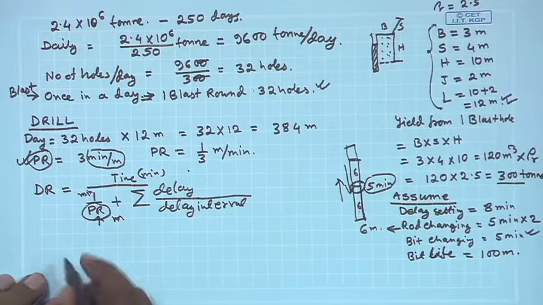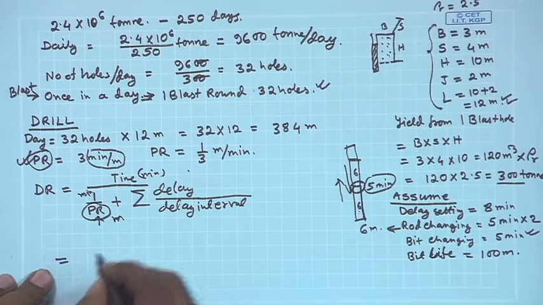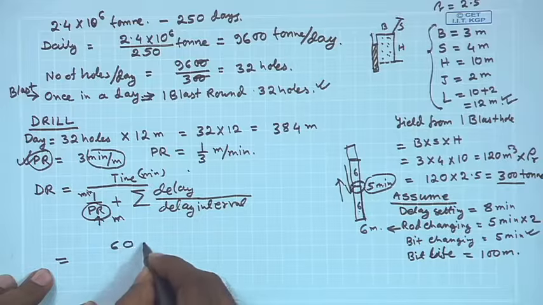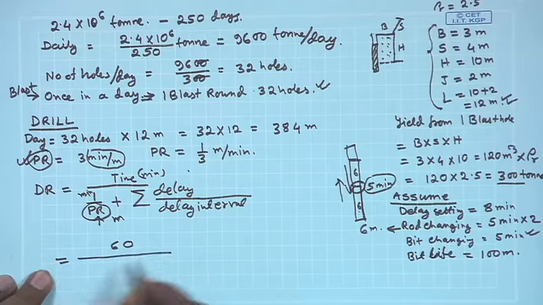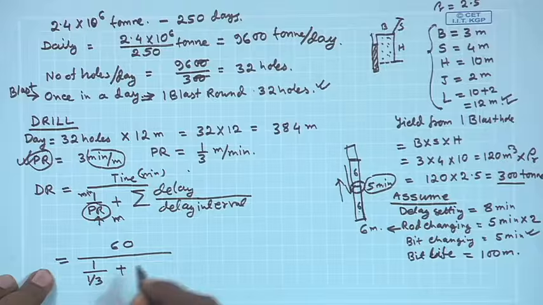Let us put the different values in. This time let us consider it for 1 hour, so this is 60 minutes, then the penetration rate is 1 by 3, then our delay times.